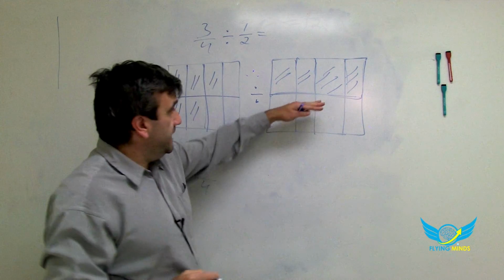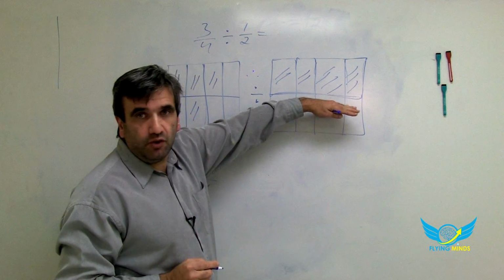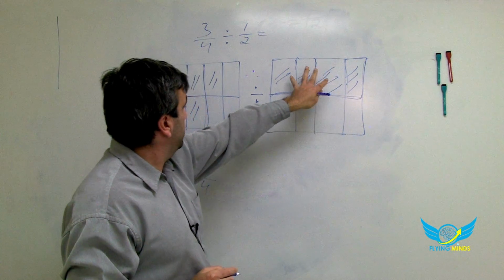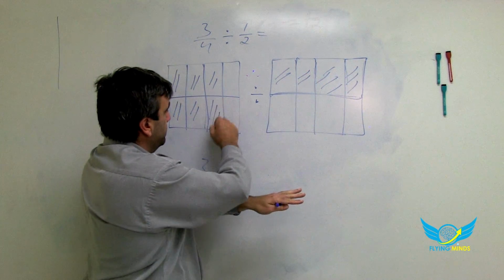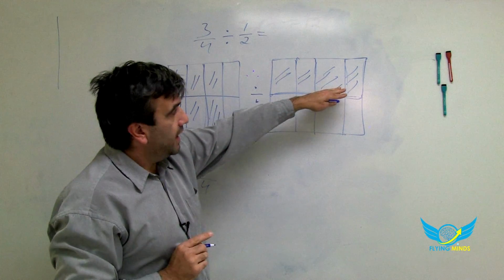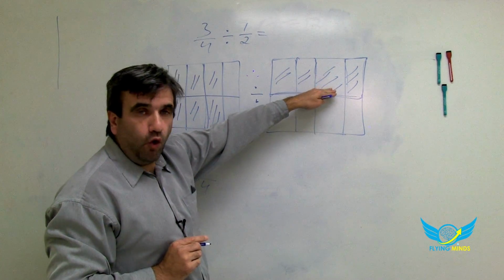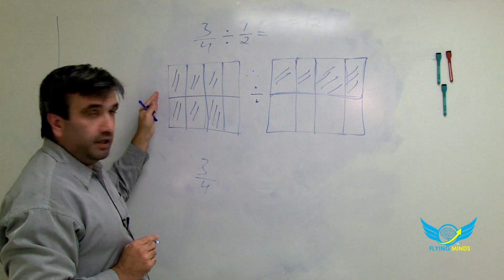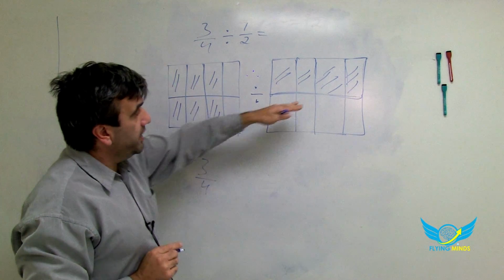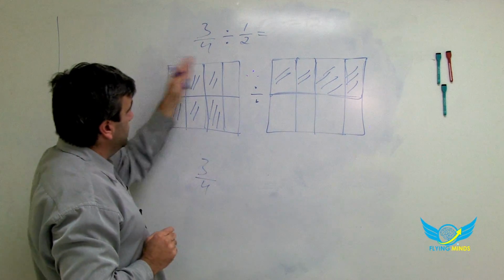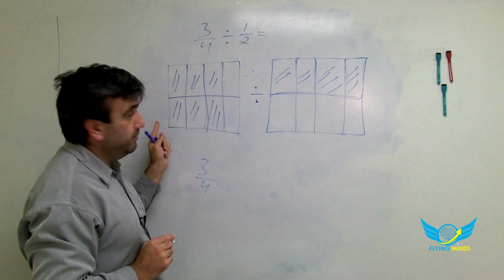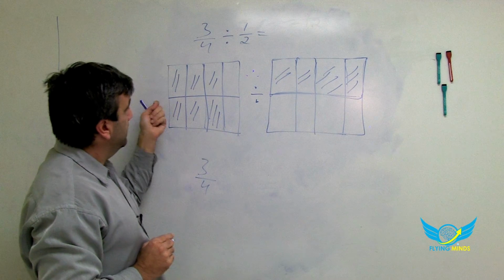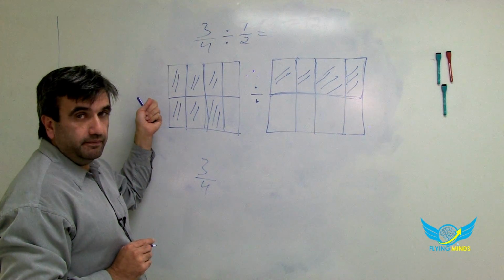As we can see, our half consists of 4 rectangles, right? So now we want to figure out how many groups of 4 are in this diagram.